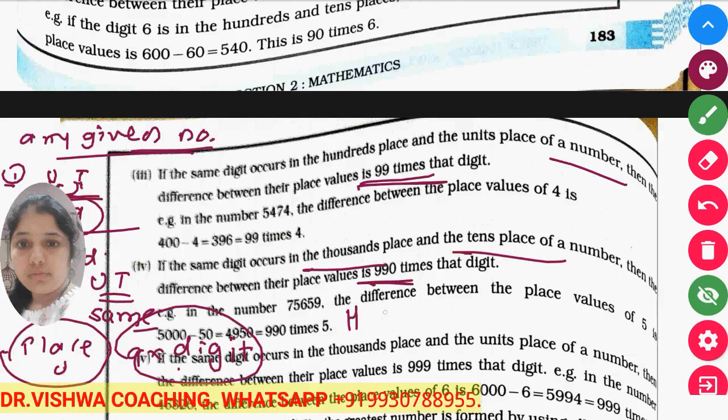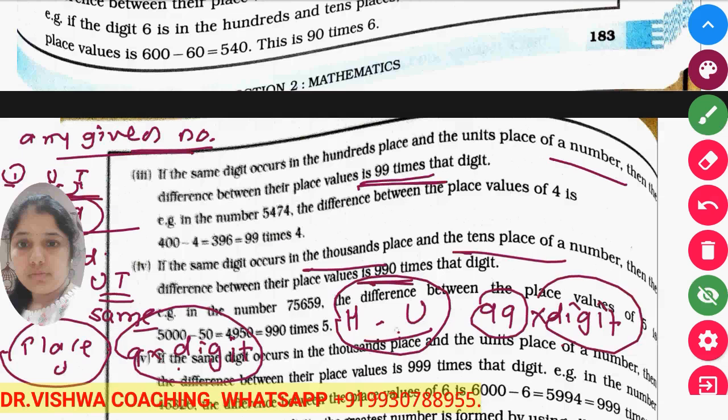If the same digit is at 100 and unit place, then this difference is 99 times the digit. Whatever common digit is there, 99 times it is the difference between the unit and 100 place. Now if the same digit is at 100 and tens place, then the difference between these two place values is 90 times the digit.